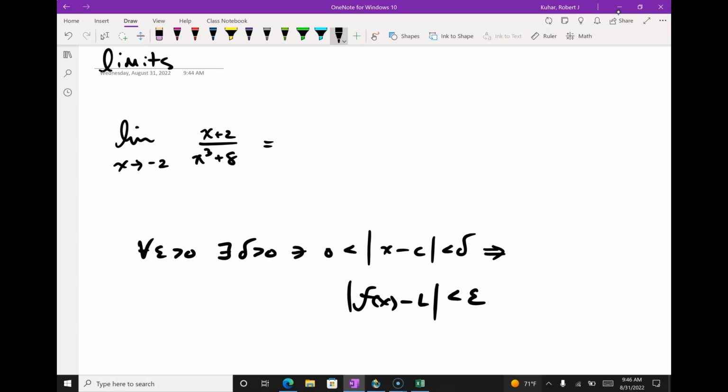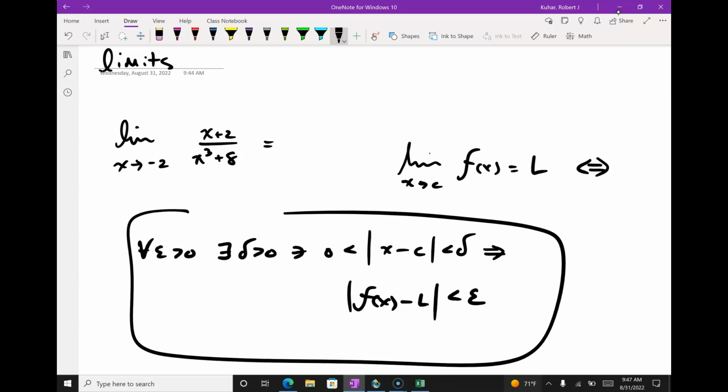So what value of c is my issue? Remember our definition of our limit. This is the formal definition. This scared everybody last class, right? We said that the limit as x goes to c of f of x equals L is equivalent to this whole horrible thing. But what is telling me that I can replace this function? What's my c value?